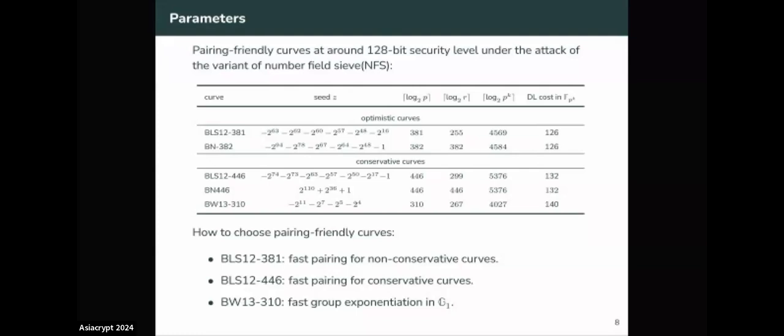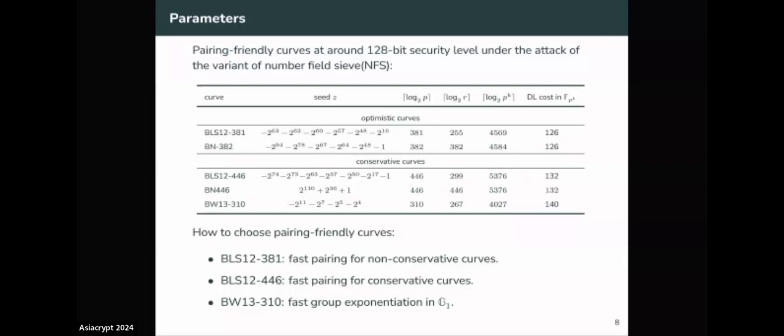If you pursue fast pairing computation, then BLS12-381 is the best choice, and this curve is now widely used in ZK-SNARK. If you want to balance efficiency and security, then BLS12-446 is the best choice.